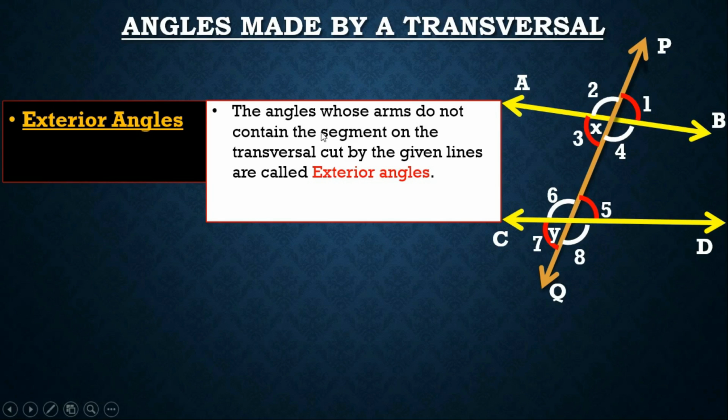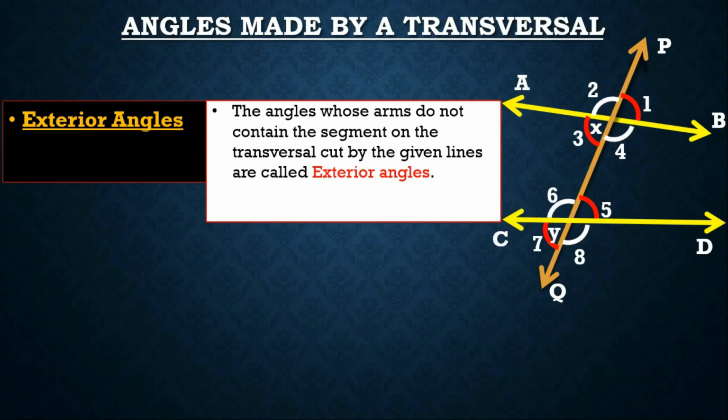So the angles whose arms do not contain the segment on the transversal cut by the given lines are called exterior angles. So we know that any angle has two arms. AX is the first arm and XP is the other arm. But these two arms AX and XP do not contain any segment, and hence this angle AXP is one exterior angle.